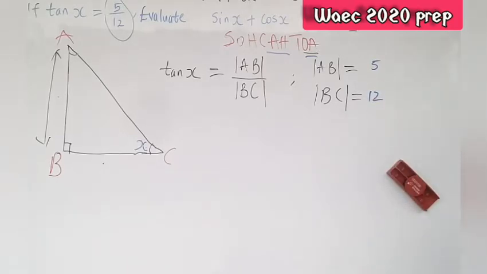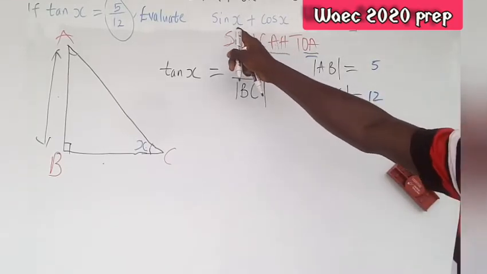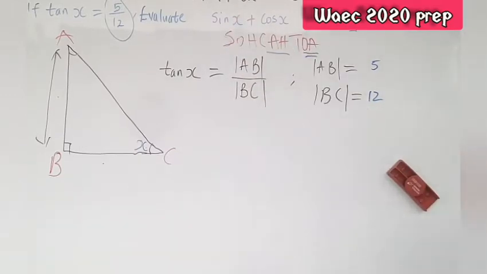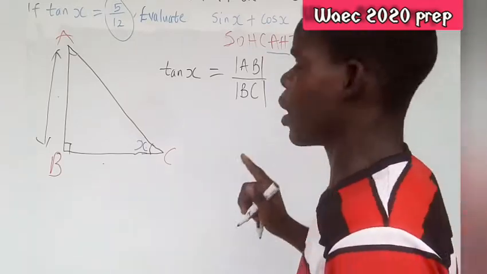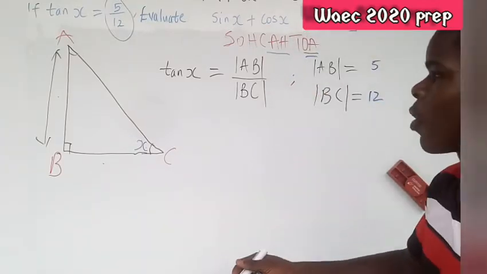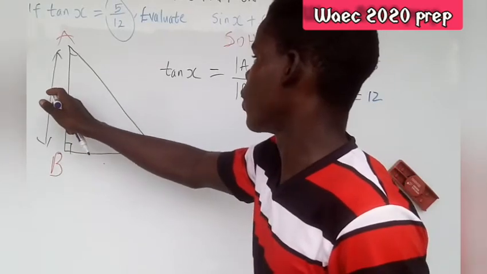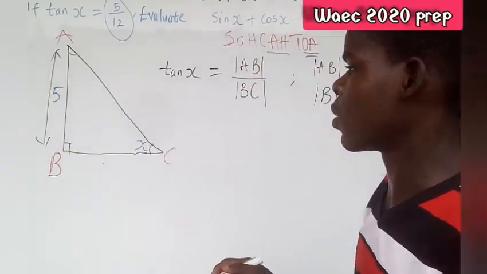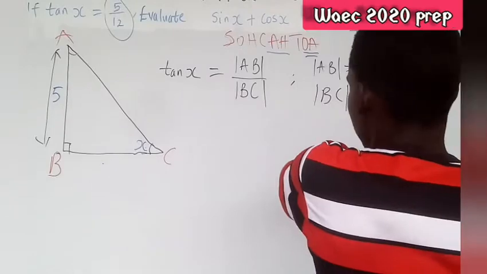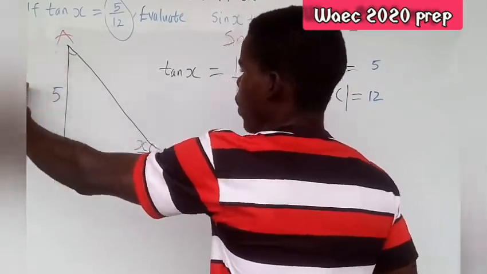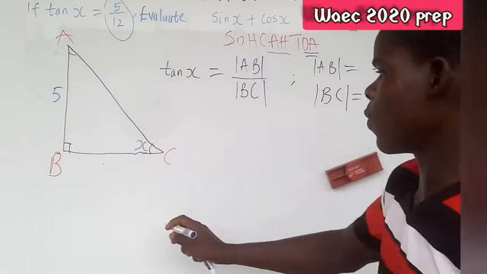Now, we are asked to find sine theta and cosine theta. They've not given us whether it's centimeters or what, so whatever the case may be, our line AB is 5 and our line BC is 12.